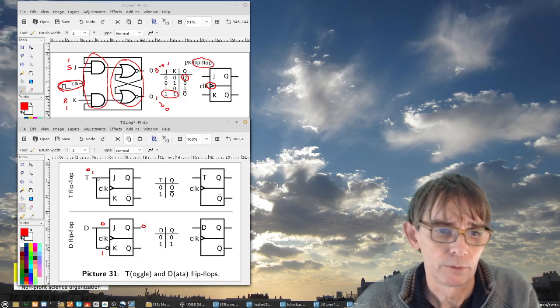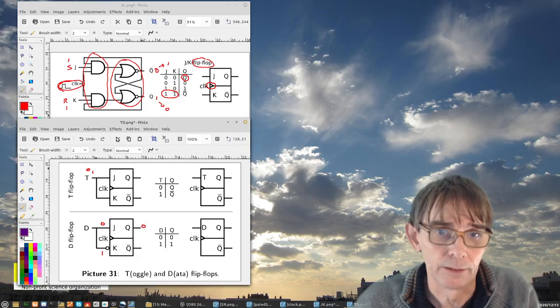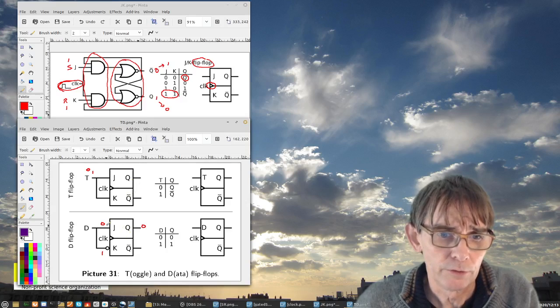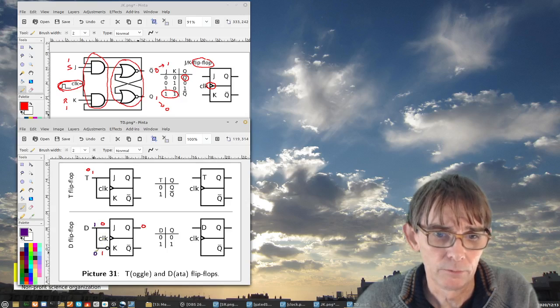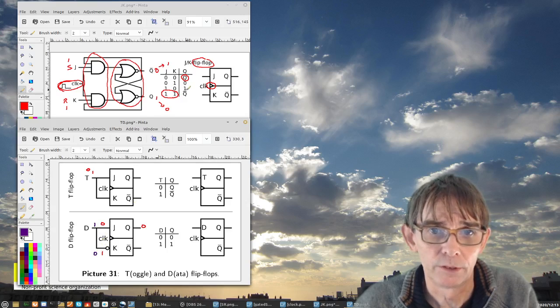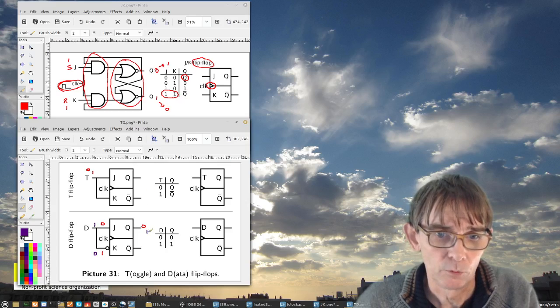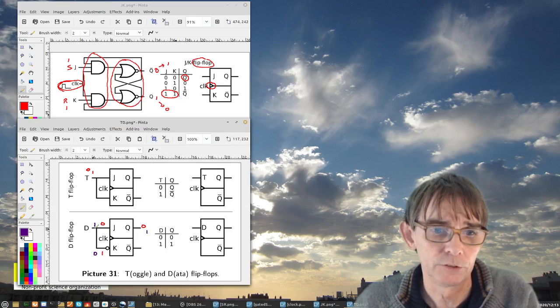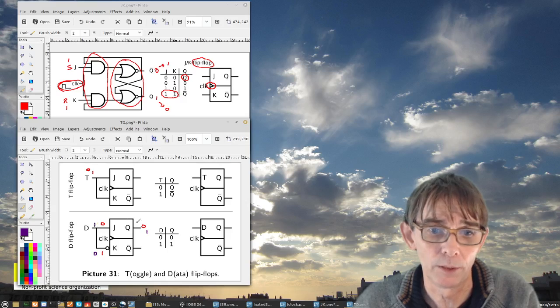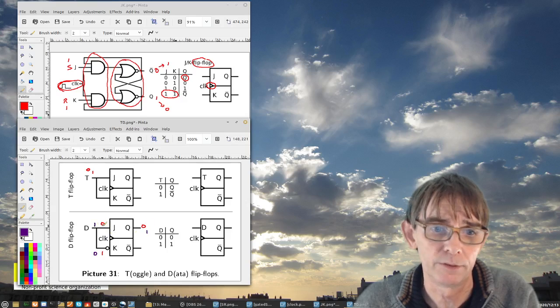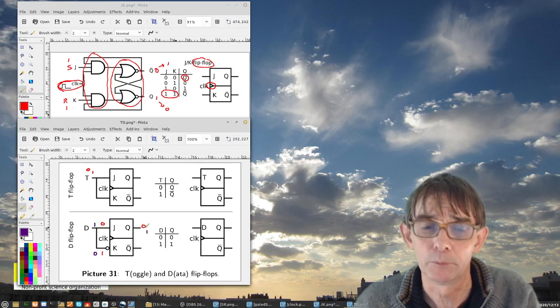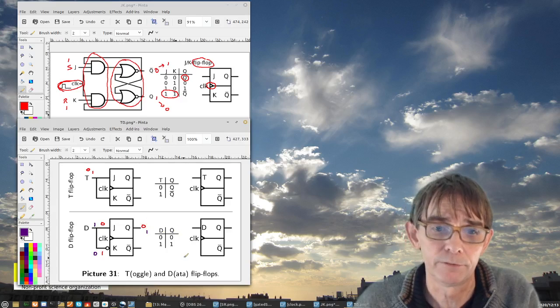And if the input is 1, 0, then as you can see, the output is 1. So actually what this is doing, it is just copying the input. If it's 1, it copies to the output 1, and if it is 0, it copies to the output 0. That's why we call it a data flip-flop.